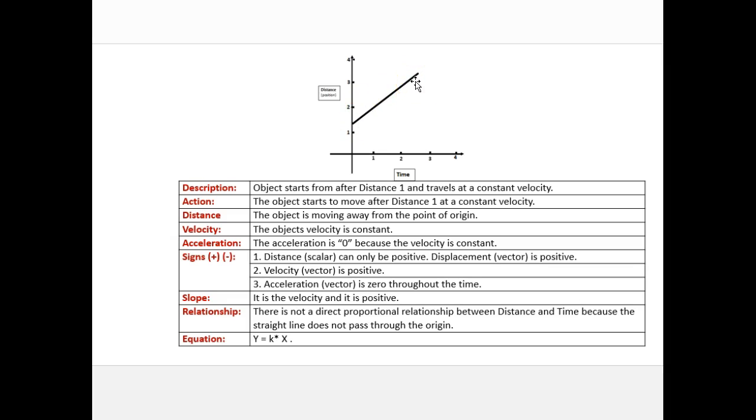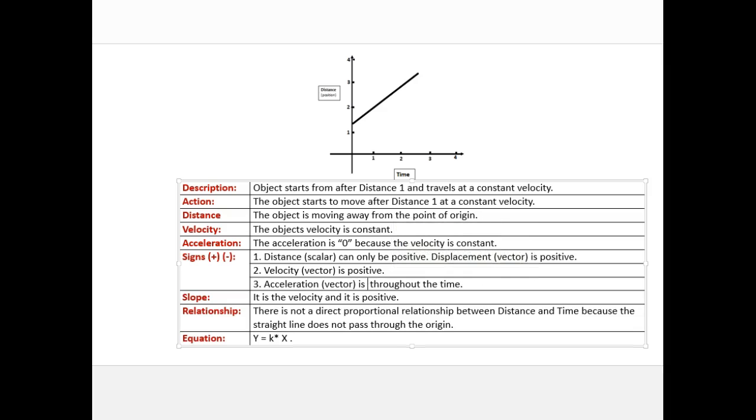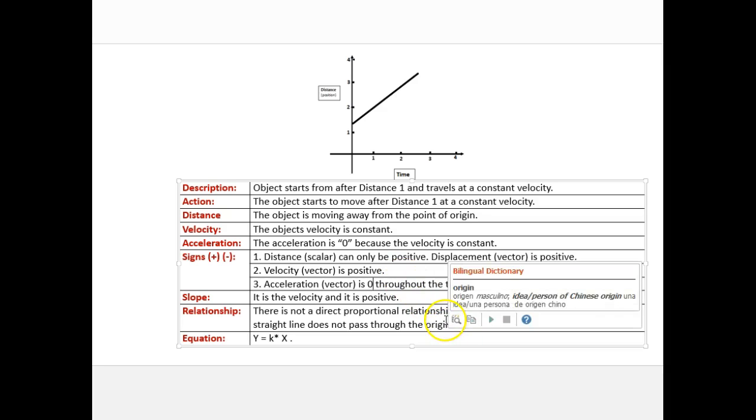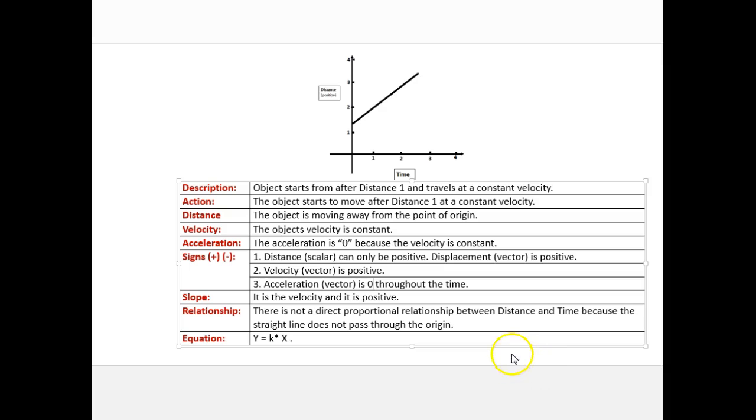Of course, that means that the acceleration throughout the time is going to be 0. Let me just change this. I'm trying to avoid putting the letter 0 or the word 0, so that we can be somewhat consistent. Again, the velocity is positive.